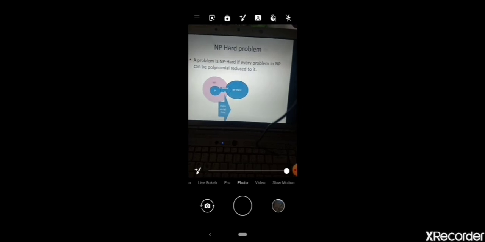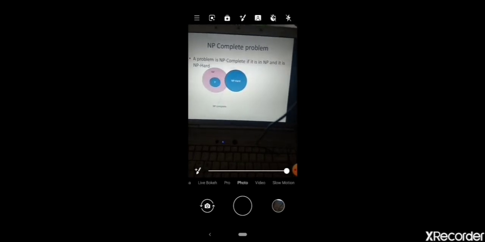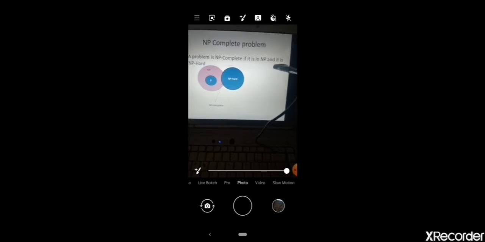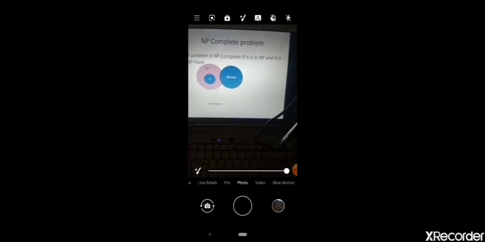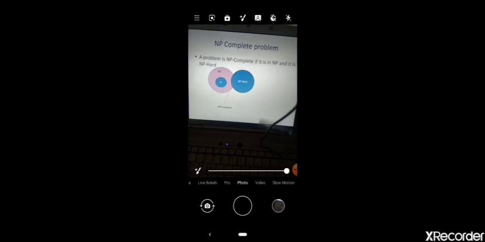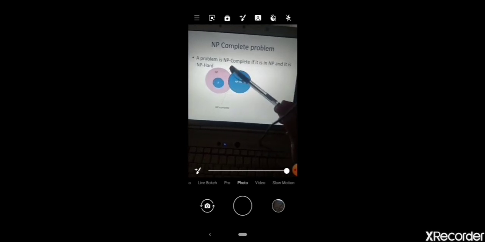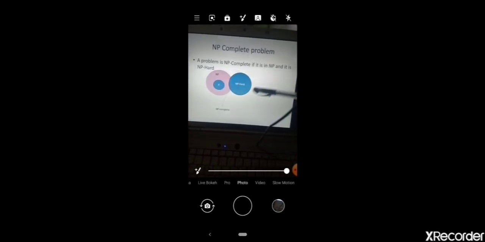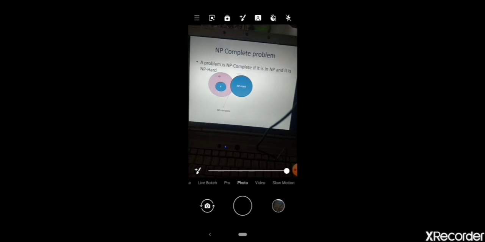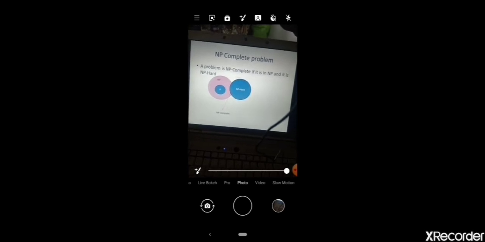Then next is the NP complete problem. A problem is NP complete if it is in NP and it is NP hard. Again see this concept diagrammatically. These are the P class problems, these are the NP class problems, and these are the NP hard problems. Here NP is reduced to NP hard. The part which is reducible, those are in NP.